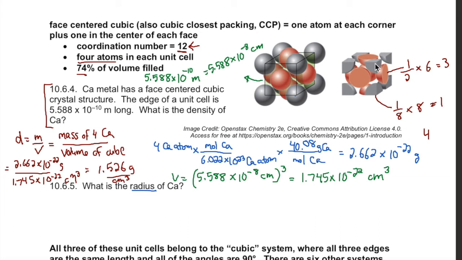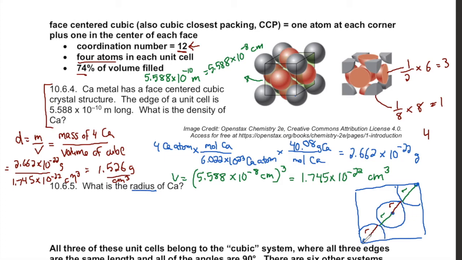However, these atoms are in contact across the diagonal of the face of the cube. Let me try to blow that up over here. So here we have a drawing of these atoms in contact across the diagonal of the face of the cube.